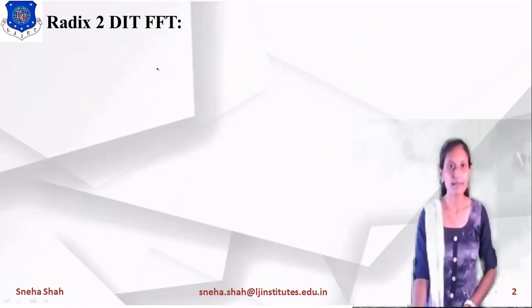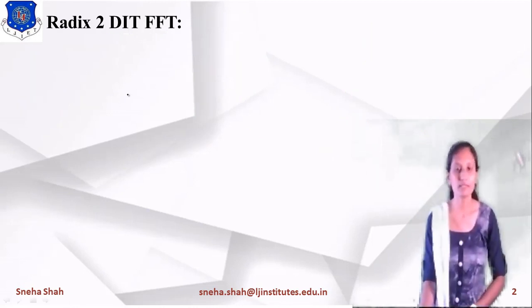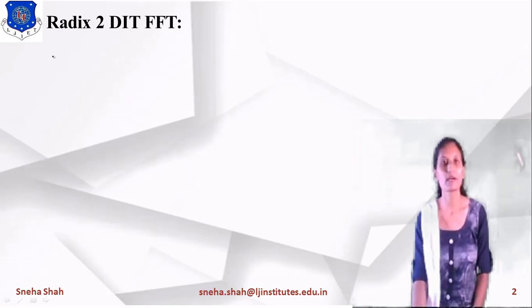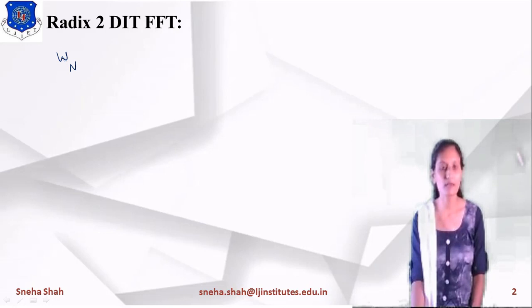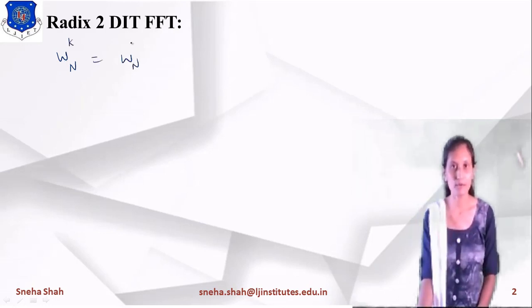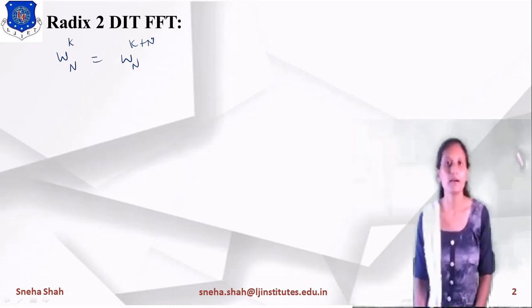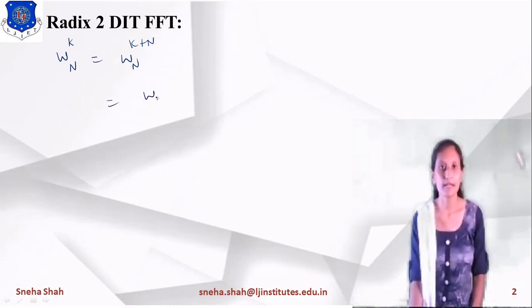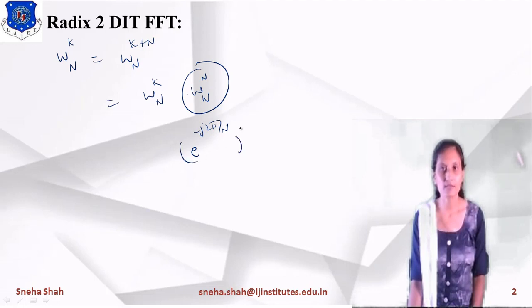So to understand this DIT-FFT algorithm, first of all we'll see some properties of the twiddle factor. What is the first property? W_N^k equals W_N^(k+N). Now how am I solving this term? If I write W_N^k into W_N^N, what is the term of W_N^N? e^(-j2π/N · N).